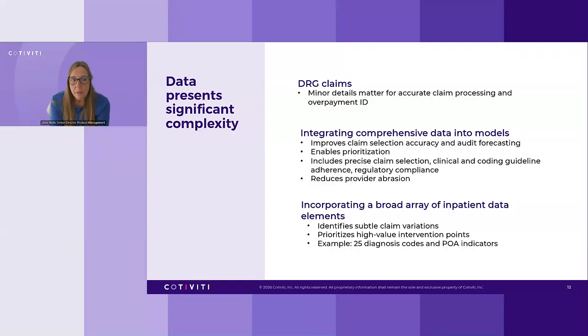And that's why integrating more complete inpatient data into the analytics is a critical component when you're analyzing your inpatient utilization and spend. When we bring in the full diagnosis set, and in cases of procedures, the full procedure set, the POA indicators, the claim history, we have seen a dramatic improvement in the selection accuracy and the forecasting.